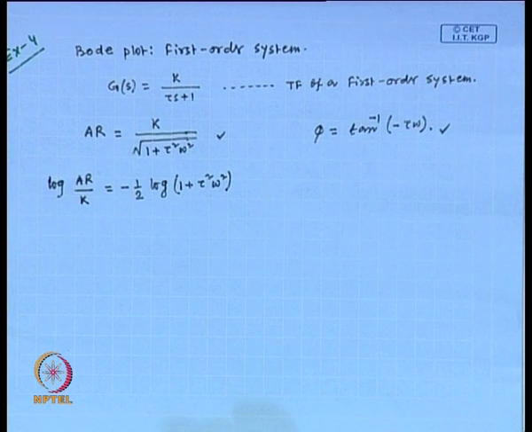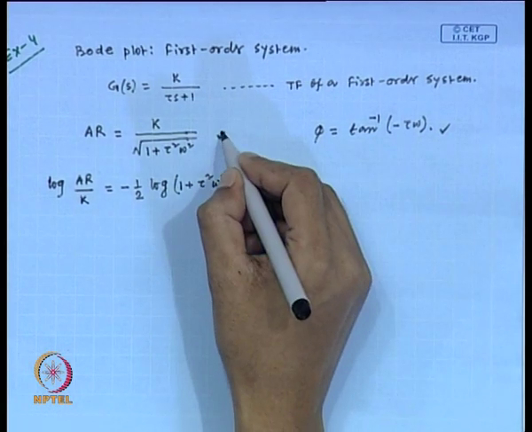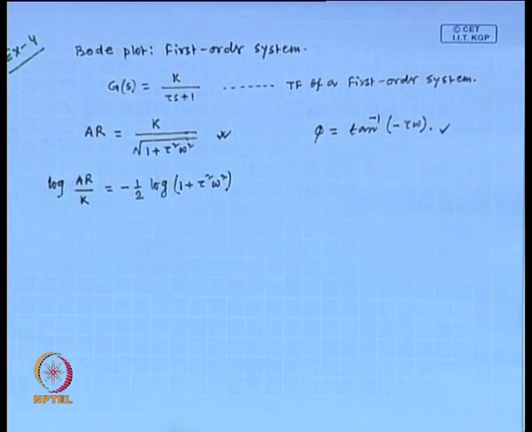If we take logarithm of this expression, we obtain this form. So, in the next class we will discuss the asymptotic considerations for constructing the Bode diagram of this first order system.